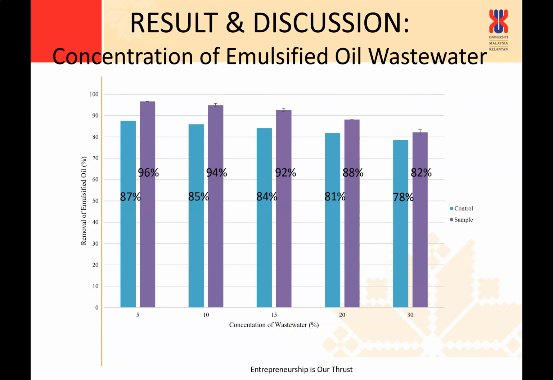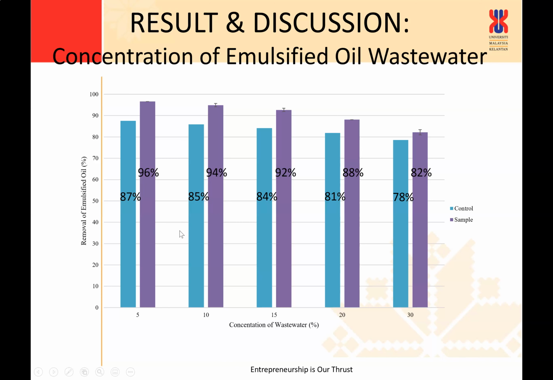Next, this figure shows the different initial concentration of wastewater with removal of emulsified oil. The percentage of emulsified oil removal declined slightly due to the increase in emulsified oil wastewater concentration from 5% to 30%.